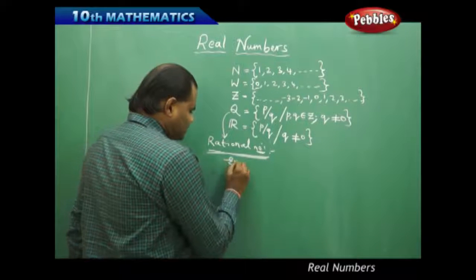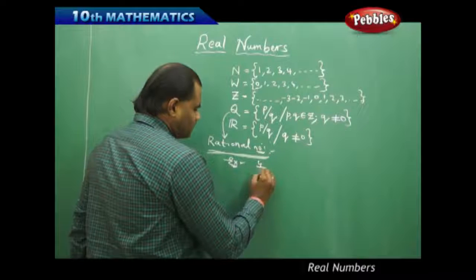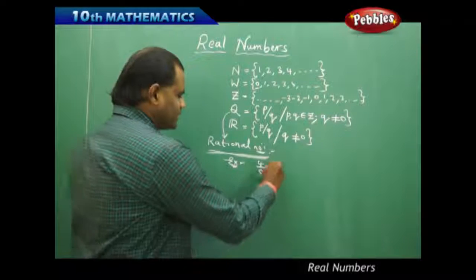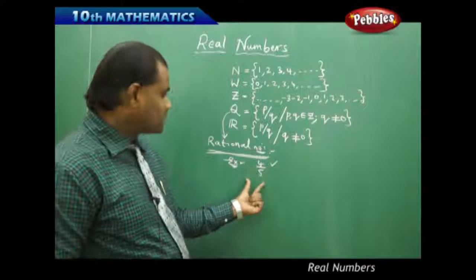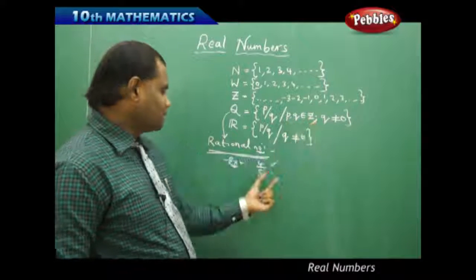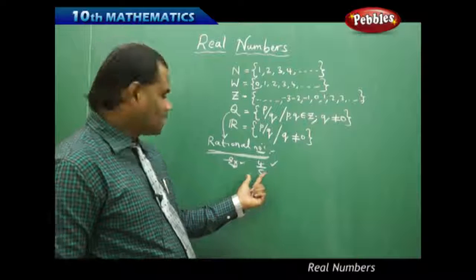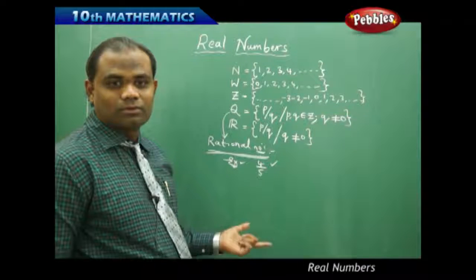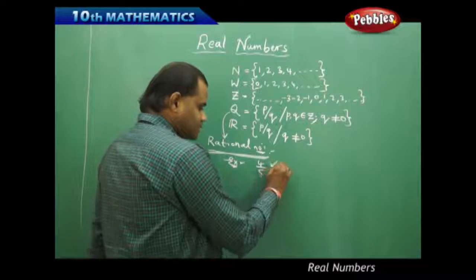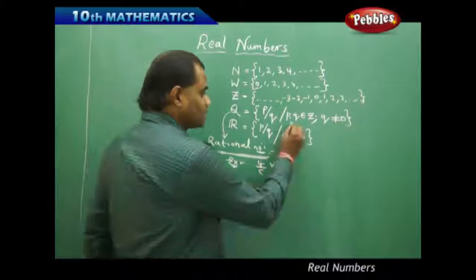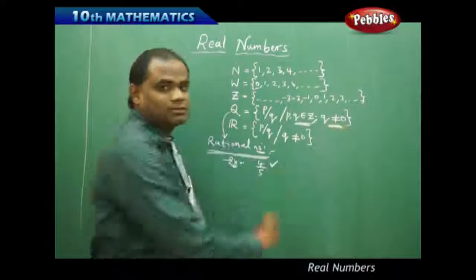So for example, I take 4 over 5. This is clearly a rational number because p is 4 and q is 5, which satisfies the condition that p and q are integers, and q being 5 is not equal to 0 because 5 is clearly a non-zero number. Therefore, I can say that this is a rational number based on condition 1 and condition 2.